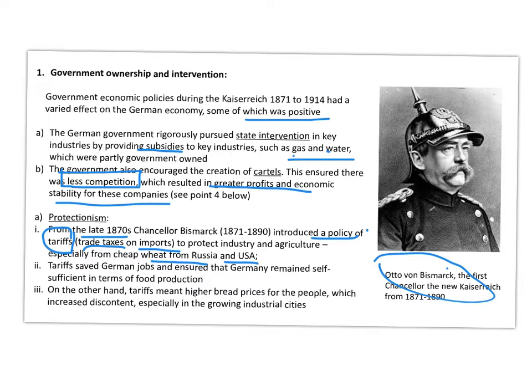Therefore, the German consumers, the ordinary people who want to buy grain, will probably choose to buy German grain rather than American grain. So protectionism is protecting the German product, whatever it may be. I've used one example, wheat. So that's really what protectionism is.